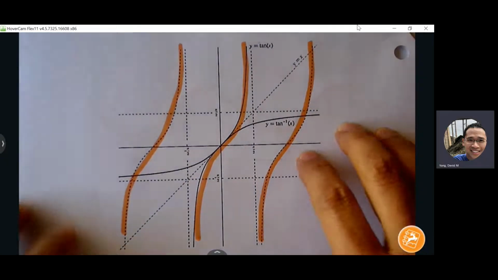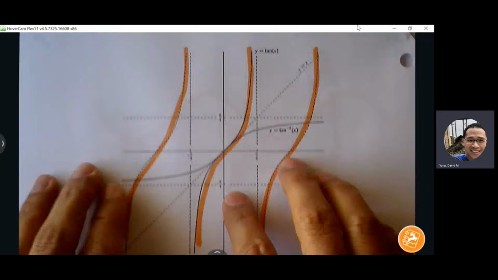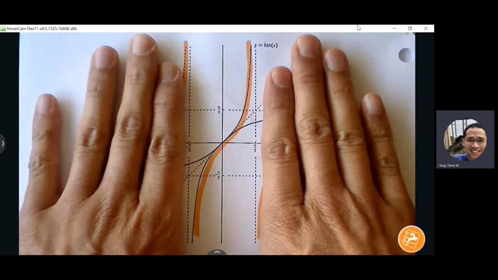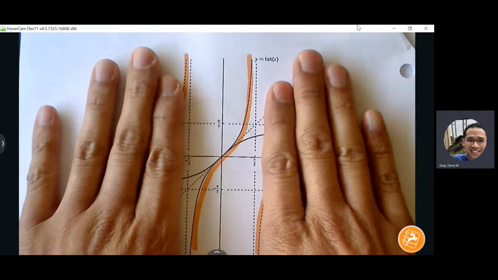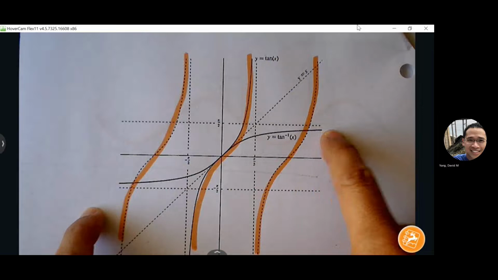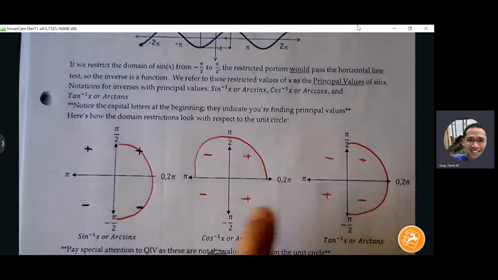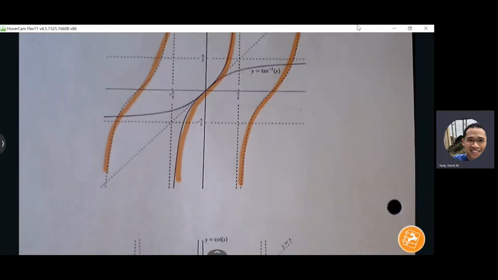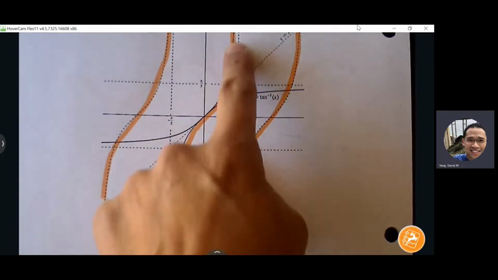So for the tangent graph, we only want to restrict the domain from negative pi over 2 to pi over 2, because after this point, the graph will no longer stay a function. So we have these restrictions in place so that we can be closest to the x-axis. We can restrict between the fourth and first quadrant, because otherwise after that, it will no longer be a function.